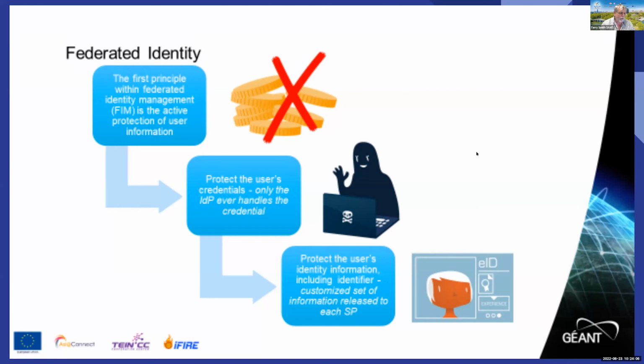If a service provider were to come along and ask for each and every attribute available, then the federation operator should jump in and say, do you really need those? Can you verify or prove that you need all of those credentials or attributes about the user? So it's about minimizing the release of attributes to services to the minimum they need to operate their service effectively.